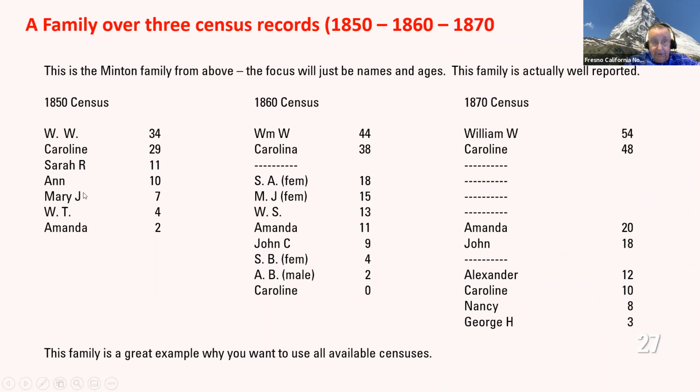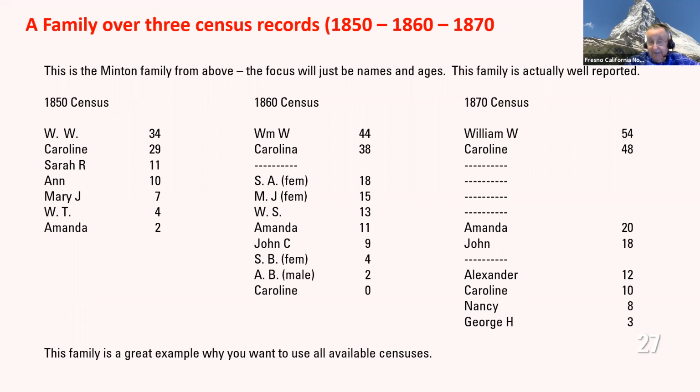It's interesting that Caroline uses Caroline every time for her name. Their ages sometimes vary, sometimes stay pretty steady. In the 1850 census, we find Sarah, and she's never seen again in the family. Anne shows up in the 1850 census as a 10-year-old.